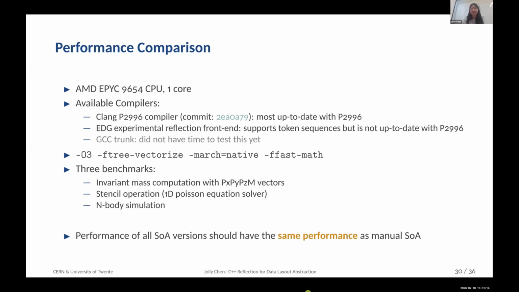In the performance results that I will show in the next slide, they essentially are 3 different computations. The goal is to show that these abstractions have no overhead at runtime because everything happens at compile time.